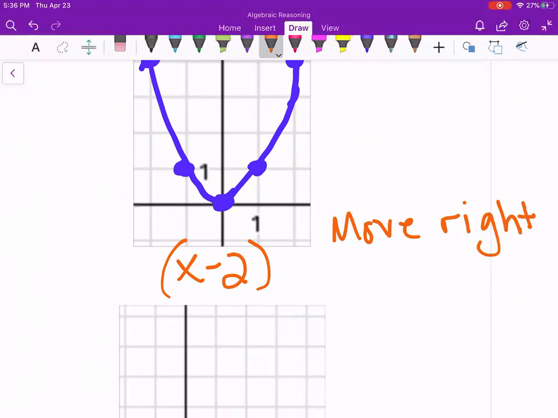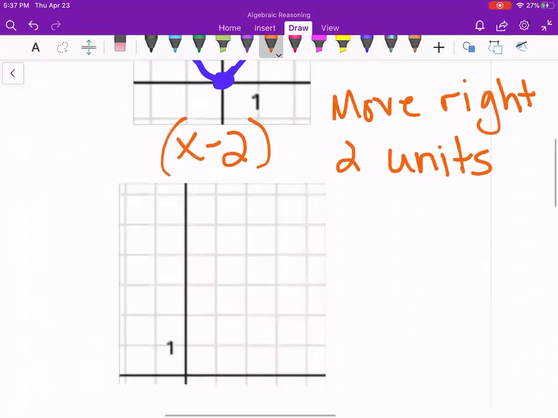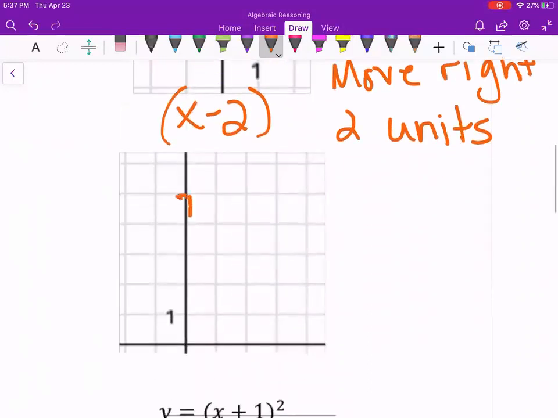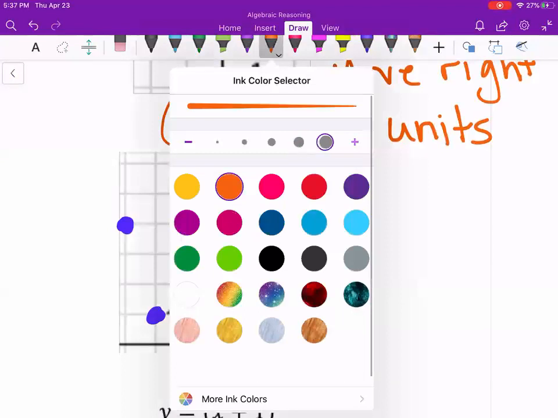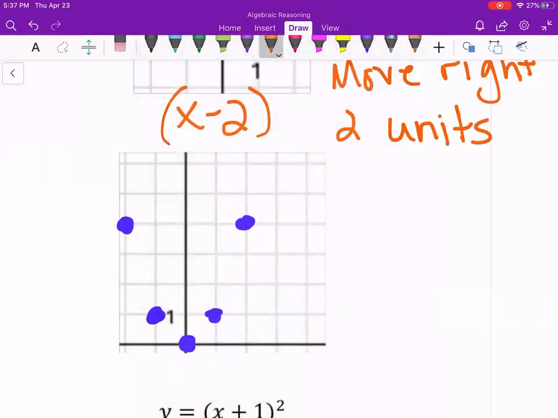And in this case, we have a minus 2, so we're going to move right 2 units. In this case, 2 squares. So we're going to take that bottom point sitting at the 0, 0, and we're going to shift it over. So for now, I'm going to put all of those main points on our graph, and we're going to shift them all over 2 units like the equation says.